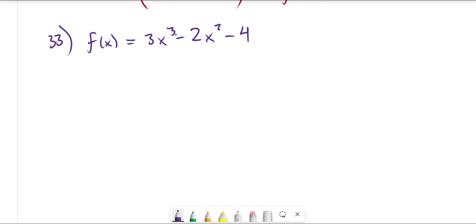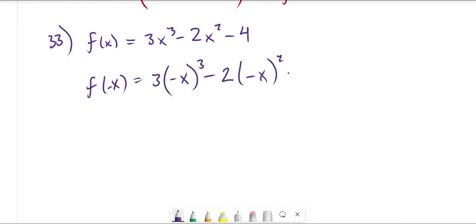And for 33, well, 33 has a mixture of parities. They have 3 and 2, that's odd and even. So we know this is not going to be either odd or even as a function, but let's just see what happens when we plug in negative x. We have 3 times negative x to the third power minus 2 times negative x to the second power minus 4. One of these is going to reverse the sign. The other is going to keep the same sign. And minus 4, this other even term, keeps its sign.